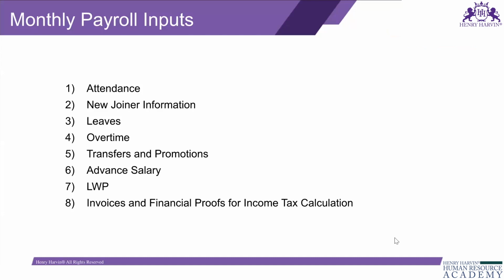Say for example, 26 days is the working days in the organization. The A employee has taken 2 days leave, and the payroll executive will process the salary for 26 days, because leave days will be deducted and the payment will be given for that particular A employee.